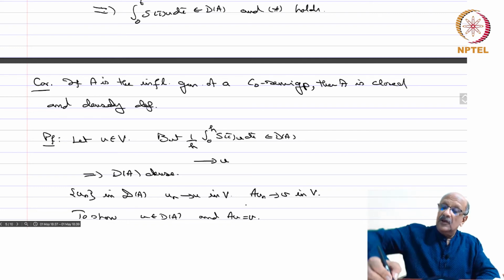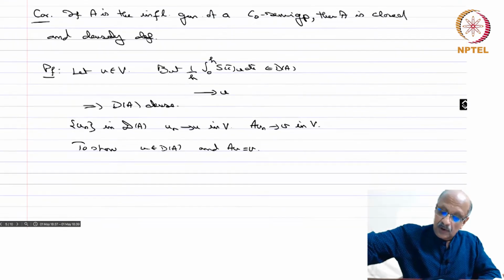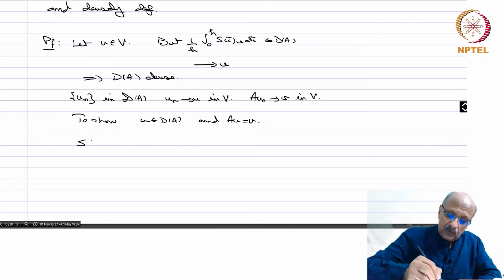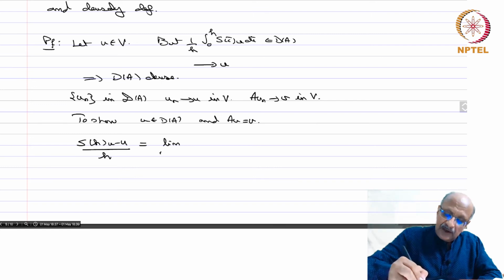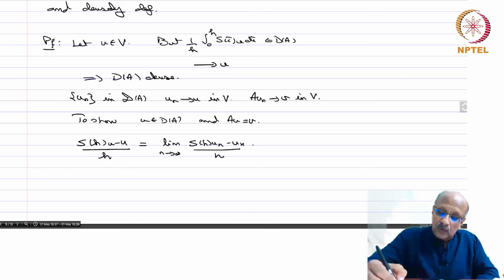So, that is the meaning of A being closed. There is no other way to do it than to look at (S(h)u minus u)/h. So, we have to compute this as h goes to 0. Now, this is equal to the limit as n tends to infinity of (S(h)u_n minus u_n)/h, because S(h) is a continuous linear operator and u_n goes to u in V.